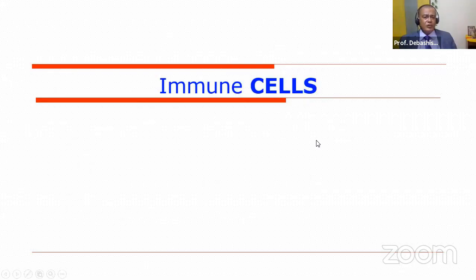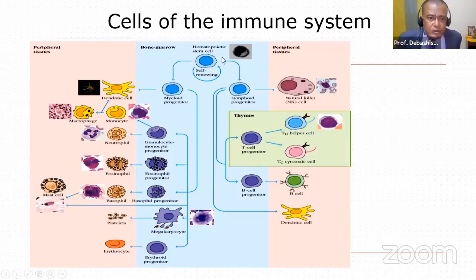Now that I have finished the immune organs, I will go to immune cells. Cells of the immune system all originate from the hematopoietic stem cells, which are self-renewing, and they give rise to the myeloid progenitor cells in the bone marrow, as well as the lymphoid progenitor cells. The myeloid progenitor cells are responsible for growing into dendritic cells.